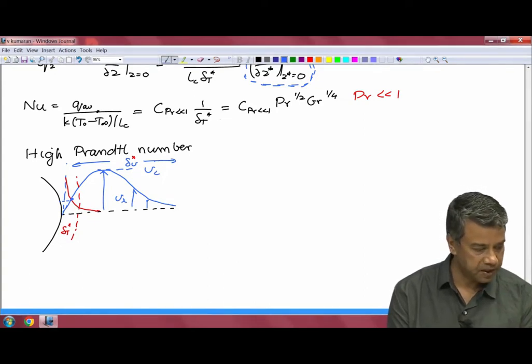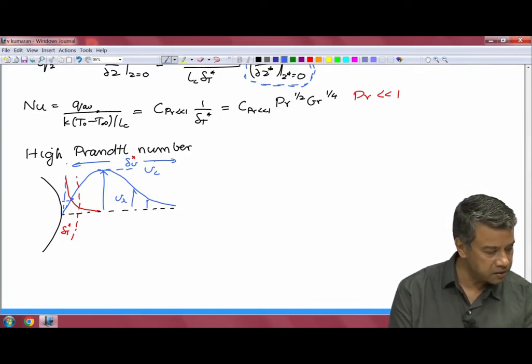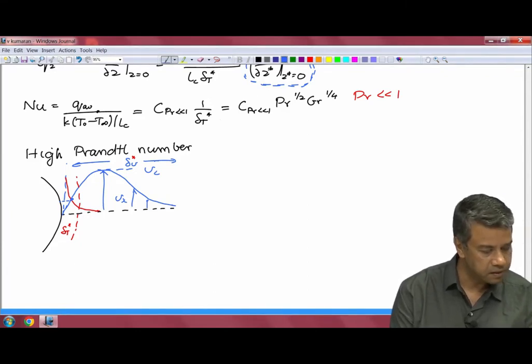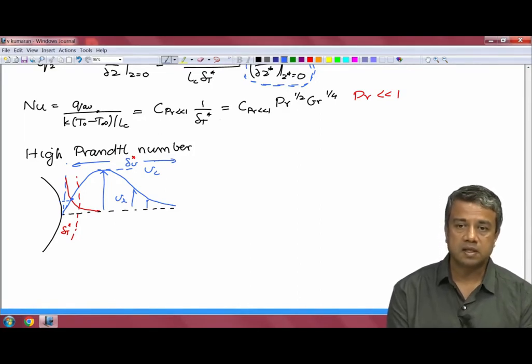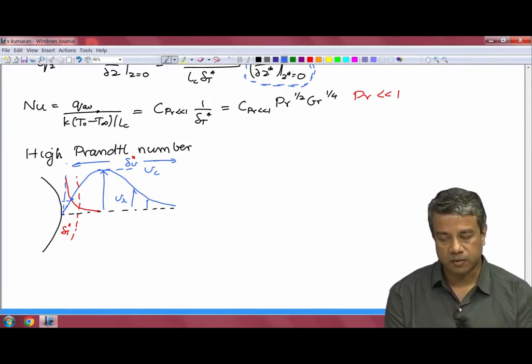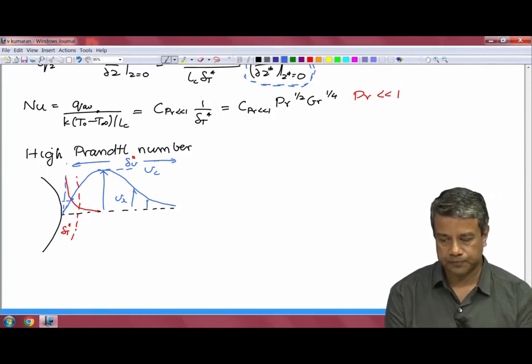So, that means that the convective velocity close to the surface is going to be small compared to the characteristic velocity, which is outside of the thermal boundary layer. The maximum of the velocity field is outside of the thermal boundary layer, because momentum diffusion is rapid in comparison to thermal diffusion.